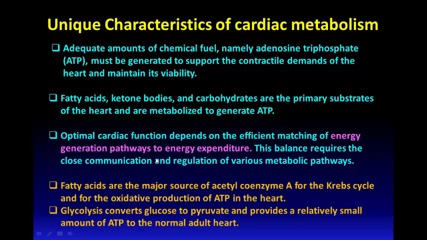Fatty acids are considered to be the major source of acetyl coenzyme A for the Krebs cycle and for the oxidative production of adenosine triphosphate in the myocytes. Glycolysis converts glucose to pyruvate and provides relatively small amounts of adenosine triphosphate to the normal adult heart.